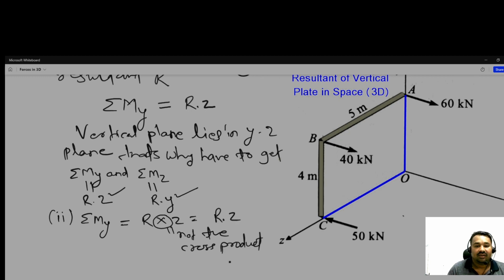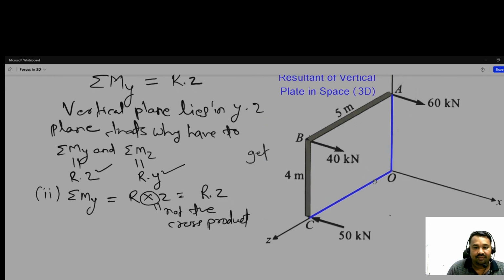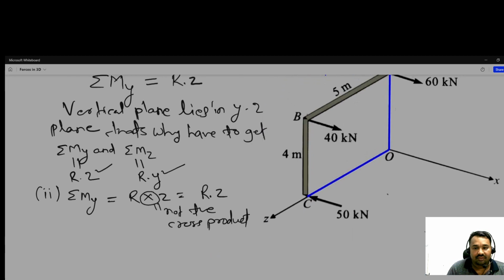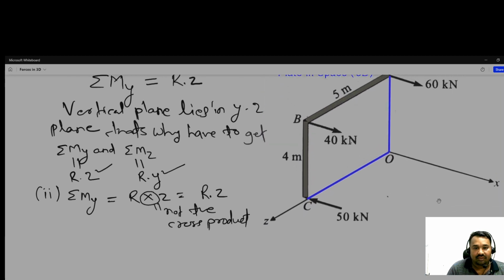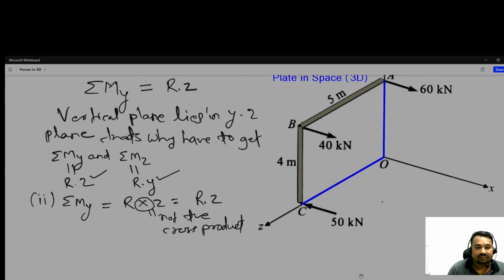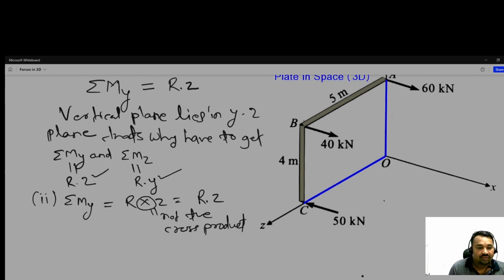Okay, now what we have to do for this: the summation of moment about y, and where is your y? If you extend this one, it is y minus. Okay, and the summation of moment about y, so what are the forces?